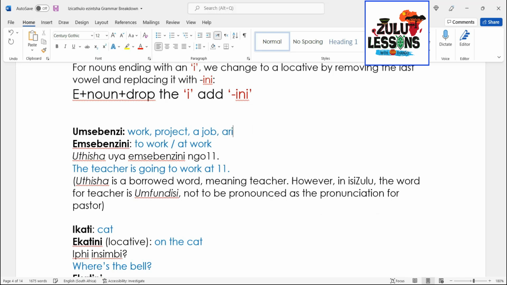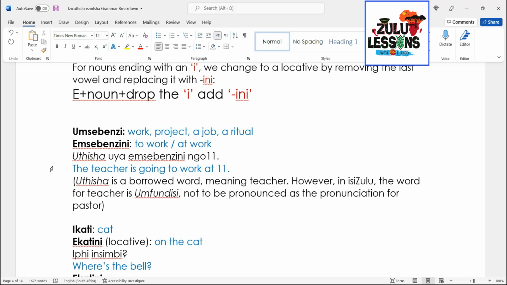A ritual is also called umsebenzi. So, emsebenzini. Emsebenzini is at work or to work. Uthisha uya emsebenzini ngo 11. The teacher is going to work at 11.